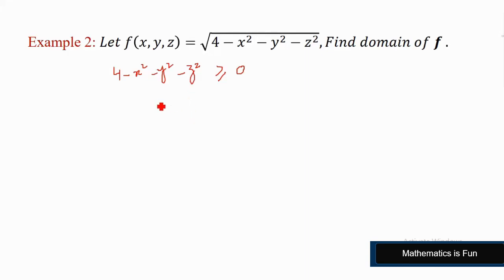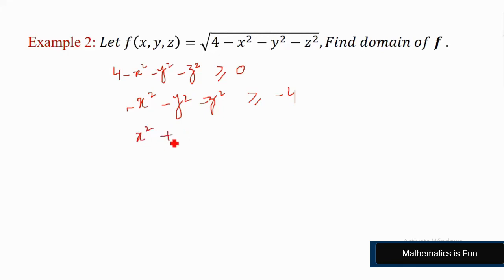Now let's simplify this so we can get minus x square minus y square minus z square greater than or equal to -4. Now let's multiply this whole inequality by a negative sign.